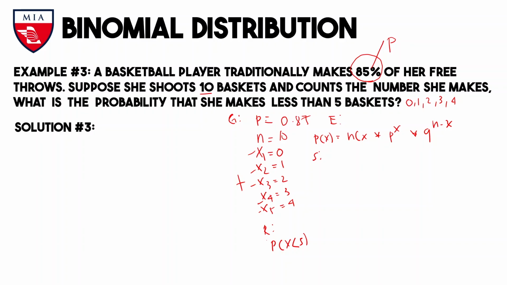We will use the summation or sigma process. So write sigma. What is the lower value? We have 0. What is the upper value? We have 4.